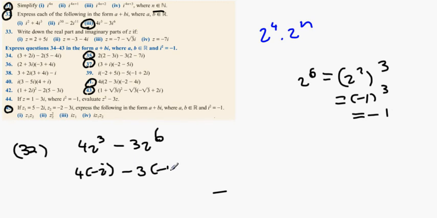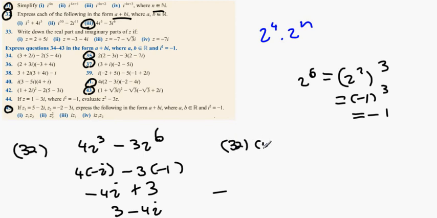So we're going to get minus 3 times minus 1, and then minus 4i plus 3, or 3 minus 4i, getting the form a plus bi. And that's basically how we do these ones.